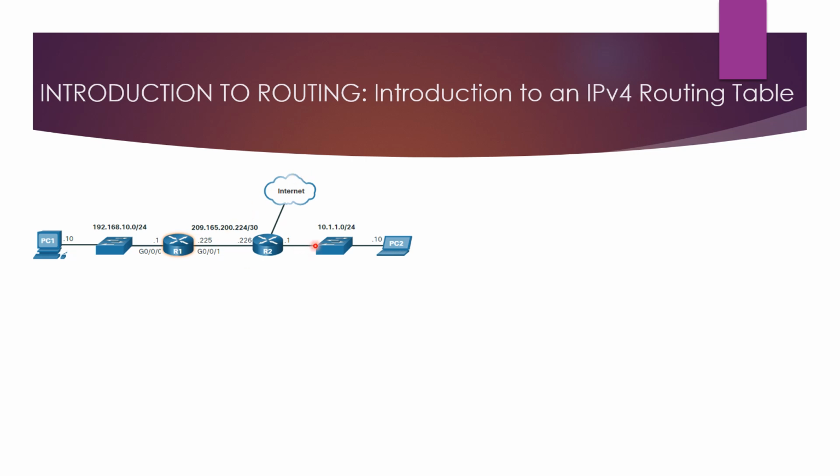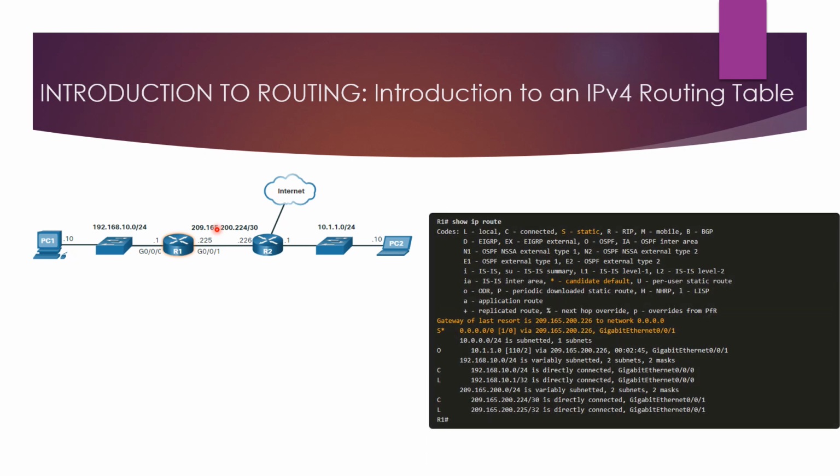Therefore, the administrator will configure router 1 with a default static route, which will send the packet to router 2 when there is no specific entry in the routing table that matches the destination IP address. Router 1 and router 2 are sharing information by using the Open Shortest Path First routing protocol to advertise directly connected networks.